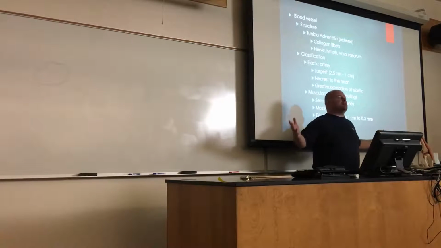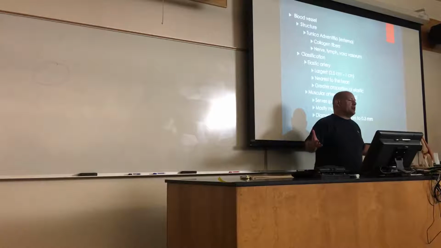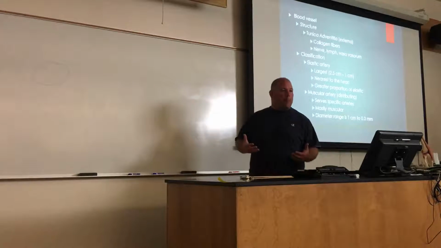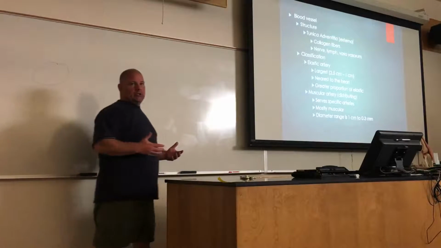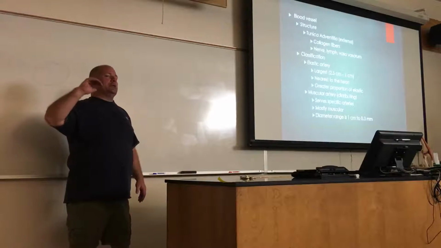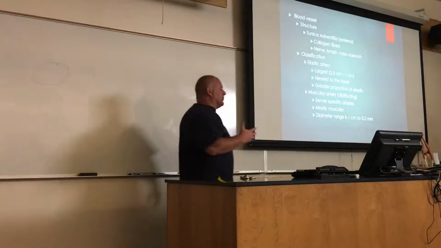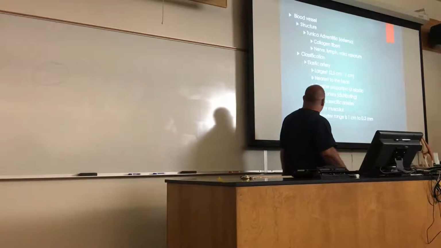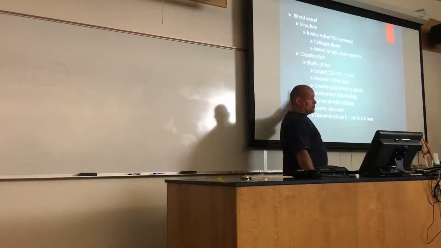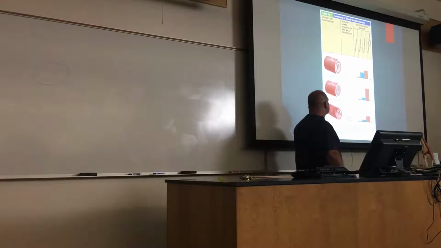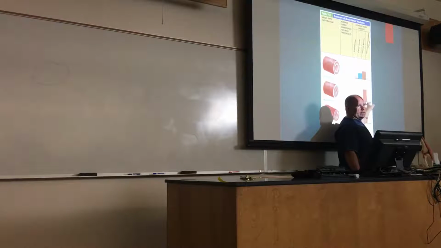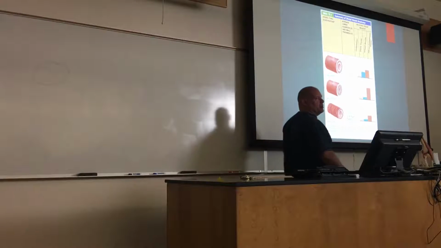What happens to branches on a tree? Are they the exact same size as the trunk? No, they get smaller, and they get smaller, and they get smaller. That's the take-home message here. As we start going through these different arteries, these different classifications, they're going to be getting smaller and smaller and smaller. And again, muscular, they have the highest amount of muscle that's present there. Hence the term. You should know them as distributed, by the way, as well.